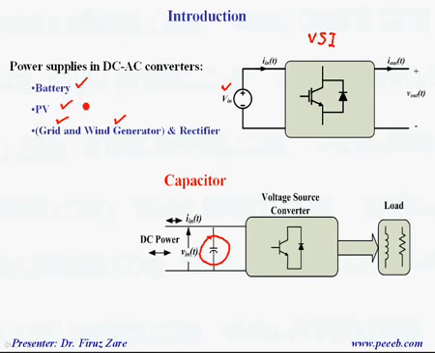But in some applications, because the battery's voltage is not enough for high voltage applications, we may need to have a DC-DC converter to boost the voltage, or even if the PV's voltage is not high enough, we can have a DC-DC converter. Or even in a rectifier, because the output voltage has ripple, it doesn't matter single phase or three phase, in this case we can also have a capacitor. So that's why when we are talking about voltage source inverter, we have a capacitor as a voltage source.